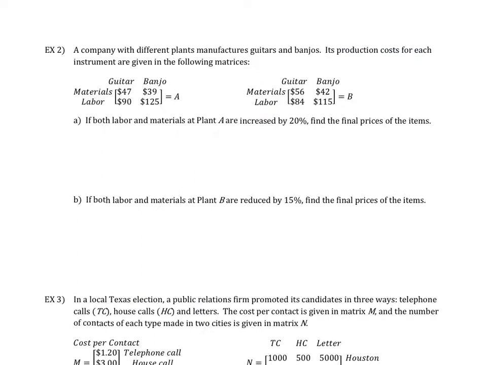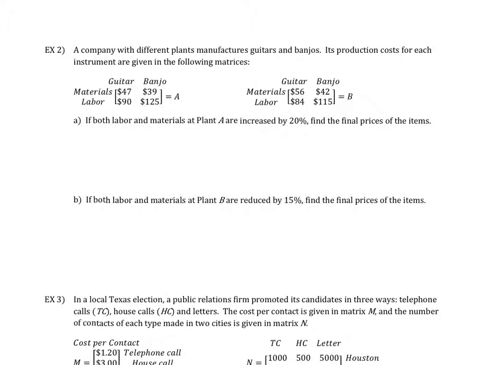All right, on to the next example here. We have example 2. This says, a company with different plants manufactures guitars and banjos. Its production costs for each instrument are given in the following matrices.